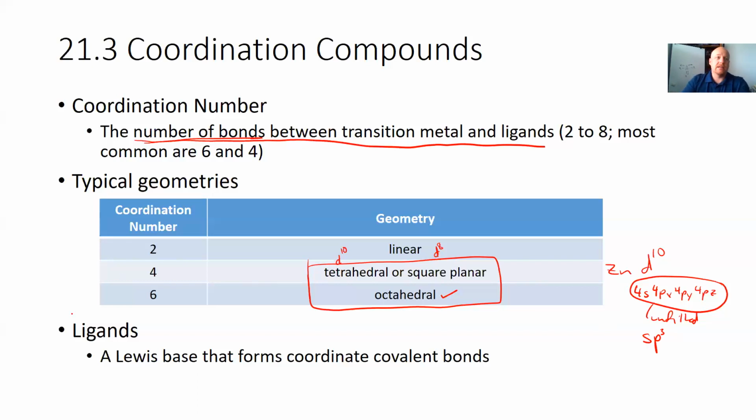Now, a key here, ligands are Lewis bases that form these covalent bonds, right? So when we say it's a Lewis base, it's a lone pair donor, or an electron pair donor if you prefer, either way.